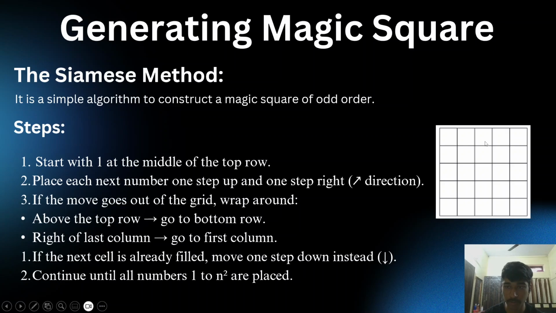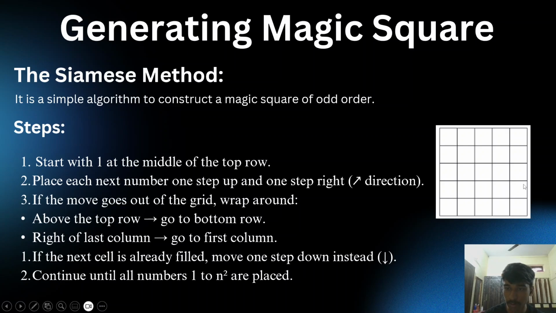So we have to put 1 here, and each next number will go one step right, one step above. So this will work in that direction, but if it's above and there is nothing to go to, it will go to the bottom row. So 1 is here, 2 will go here, and 3 will go here.